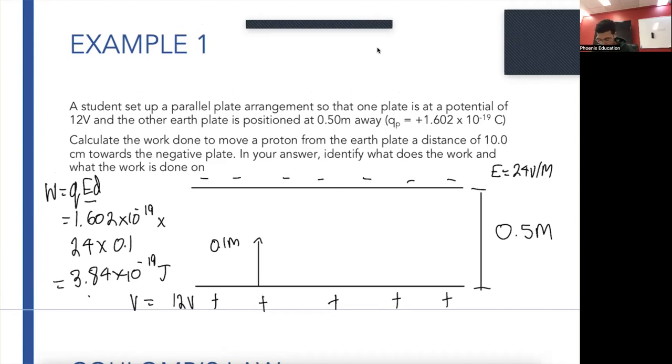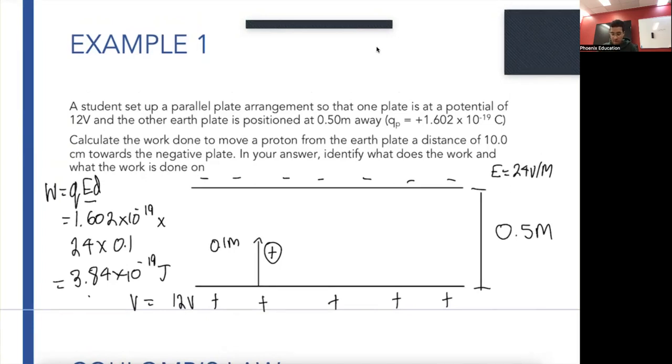And the last part of the question says, in your answer, identify what does the work and what the work is being done on. Okay, so this proton is of positive charge, and it's being moved towards the negative plate. Now, negative charges and positive charges attract each other, right?